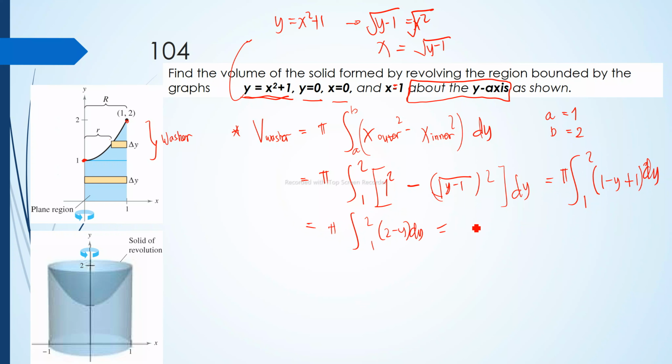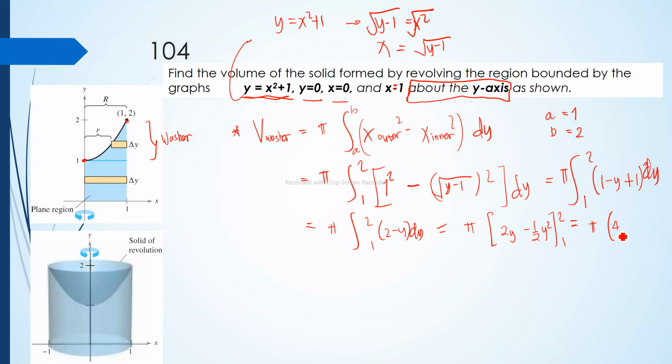And then that is equal to pi times 2y minus 1 half y squared, evaluated from 1 to 2. That is equal to pi times 2 times 2, we have 4, minus 2 squared, 4 divided by 2, so 2.